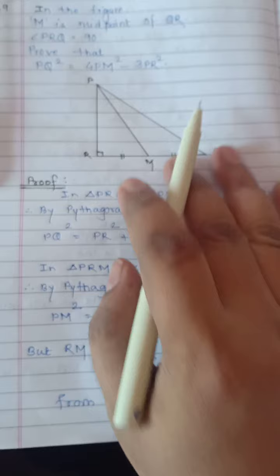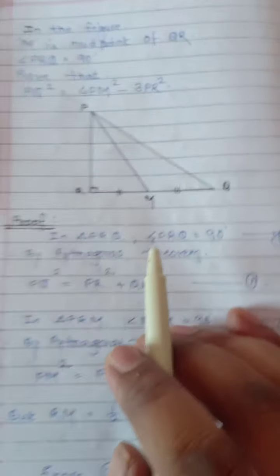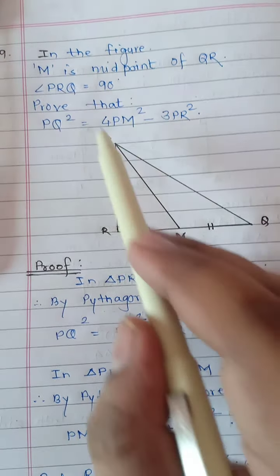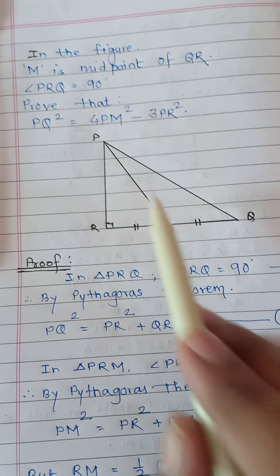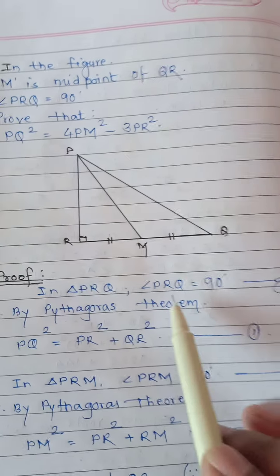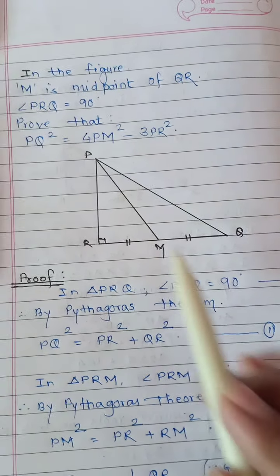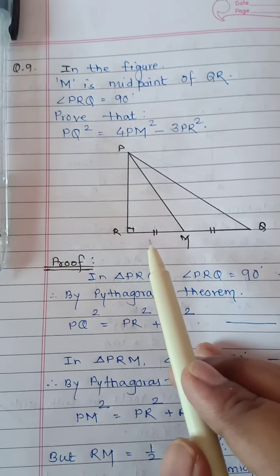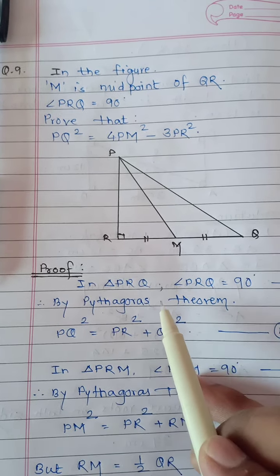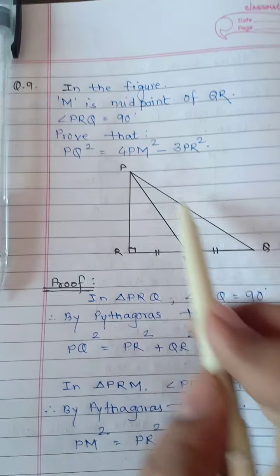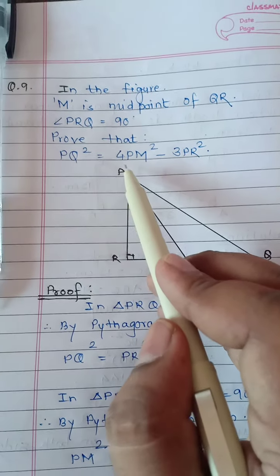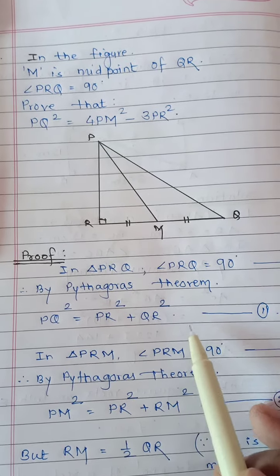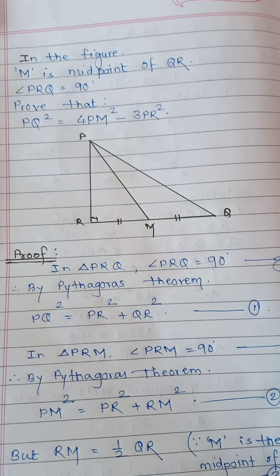Now let's prove this particular question. Consider this big triangle, that is triangle PRQ. Angle PRQ is of 90 degree, that is given. So in this big triangle, use Pythagoras theorem. When we use Pythagoras theorem, we'll get the formula PQ square equals PR square plus QR square. Okay, let this be equation 1.